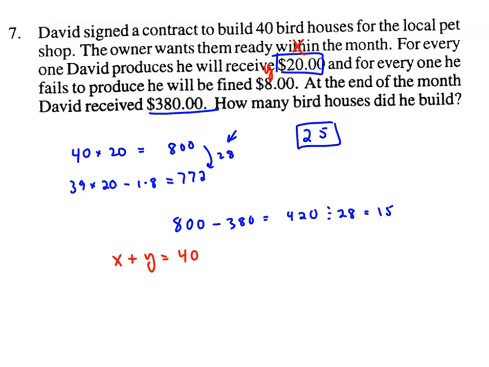And then we have our value equation, which says for every one he builds, he gets $20, so that's going to give him a value of 20 times x. But for every one he doesn't build, he loses $8, so we make it negative, and he ends up with $380. If you know how to use elimination, we could multiply the first equation by 8. That would give us 8x plus 8y equals 320.